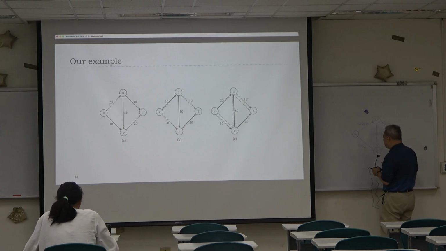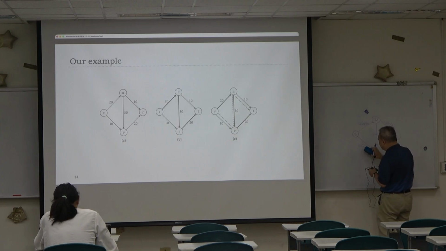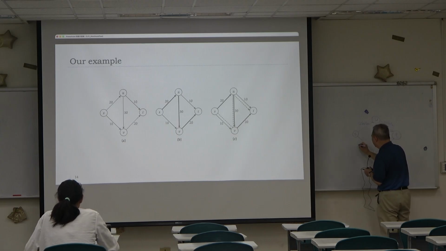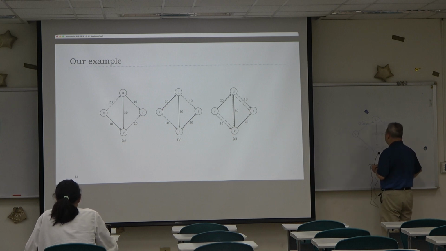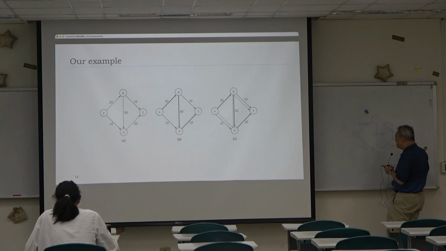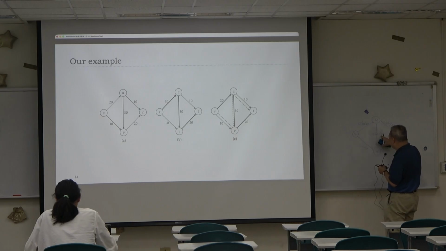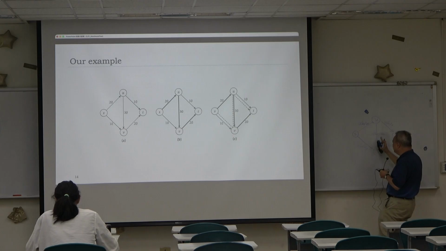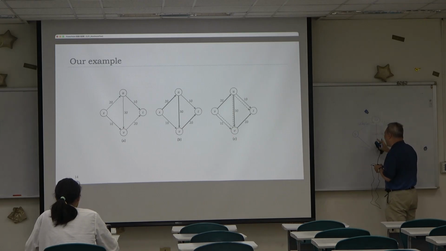After the update, this one becomes 0, 10, negative 10. And this one becomes what? We actually take this one. Because it has negative 20, we actually send the flow back.